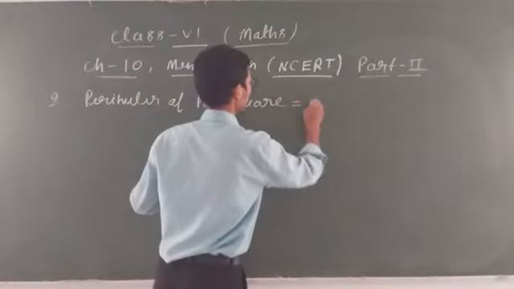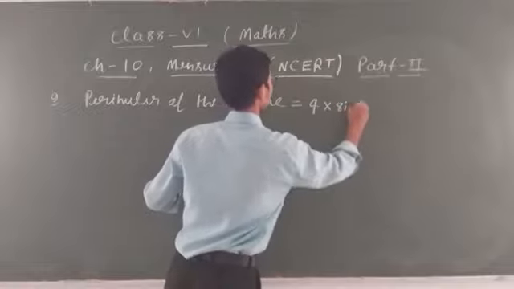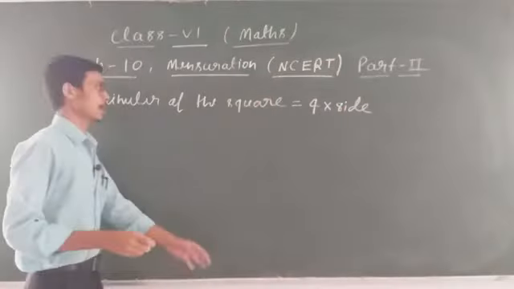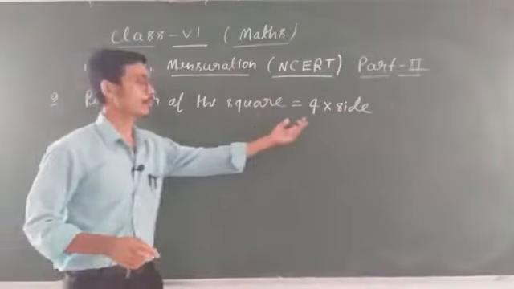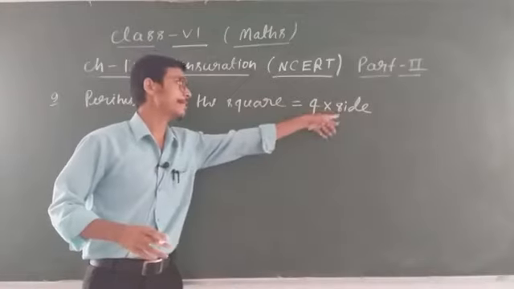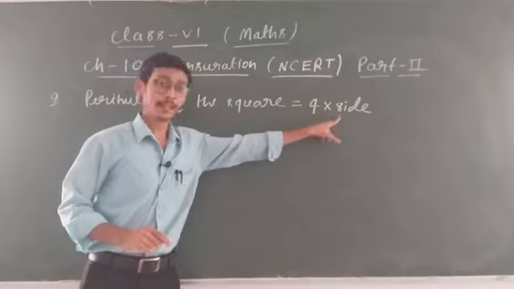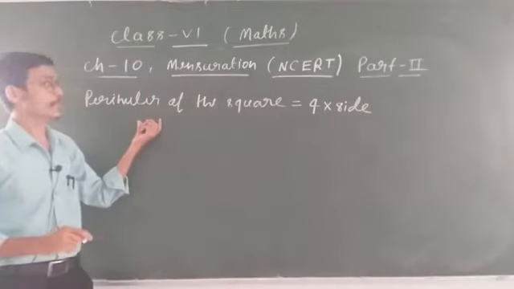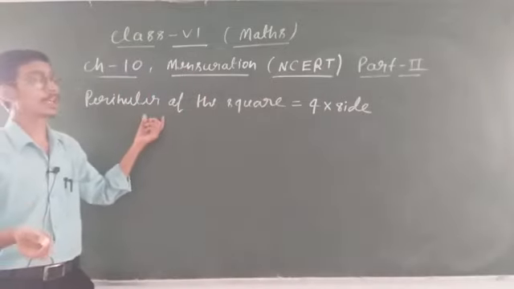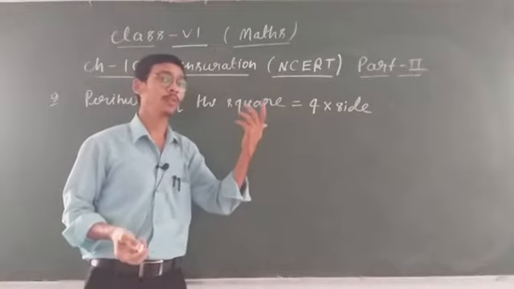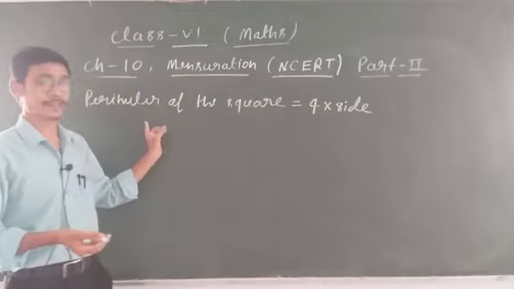So 4 multiplied by side. Clear student? Now you know that the perimeter of square is equal to 4 into side. That is, if side is given, you can find out the perimeter. But if you have to find out the side and perimeter is given, what can you do, student? You have to divide by 4. How will it work? Now let us see.